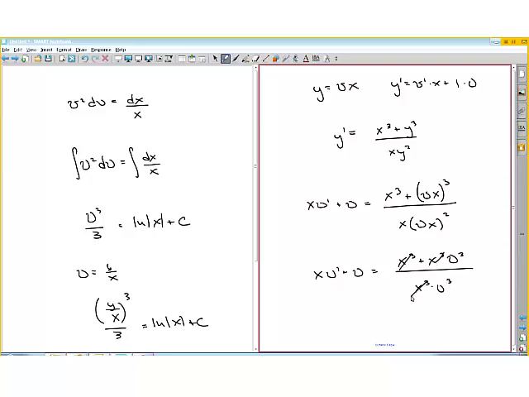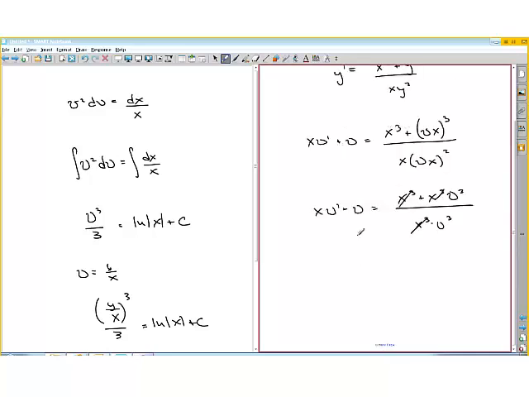So you can see that these x's, since they're in all terms, can be canceled out. So we get x mu prime plus mu is equal to 1. So they don't go to 0, it just becomes 1. 1 plus mu cubed over mu, so actually that's mu squared, not mu cubed. So it becomes squared.